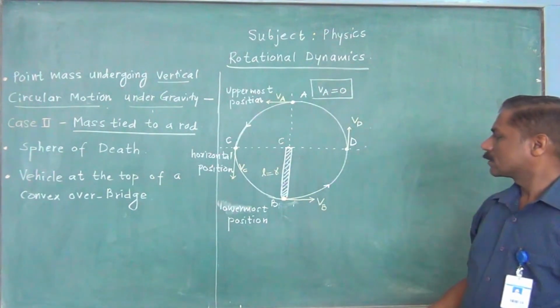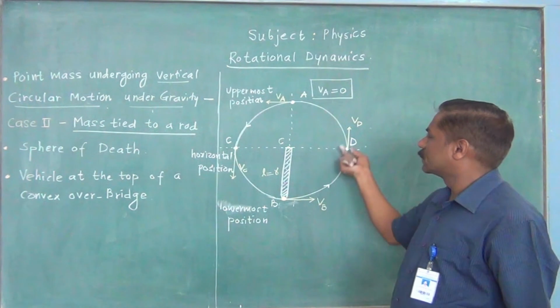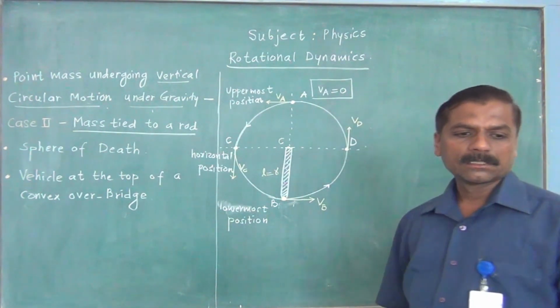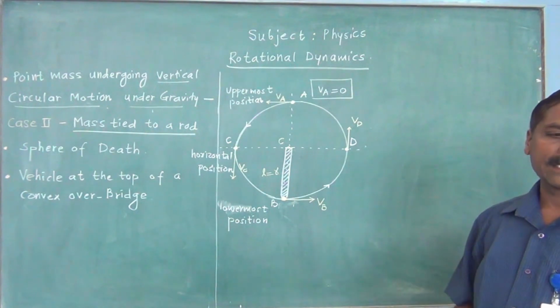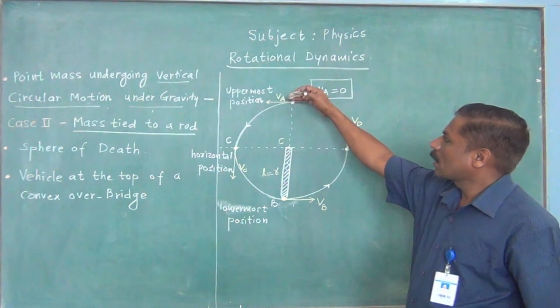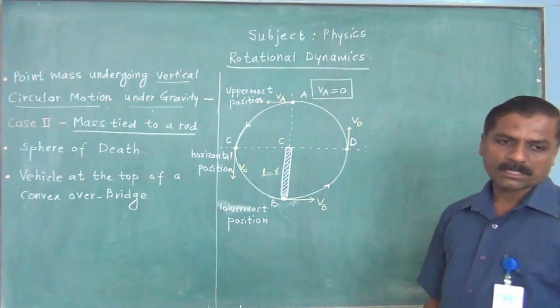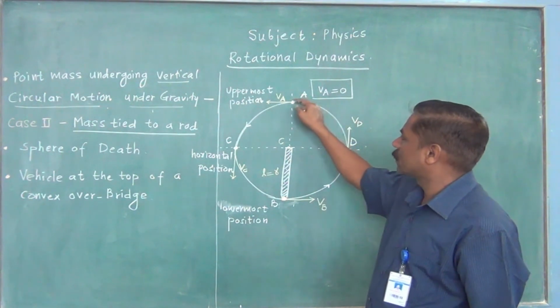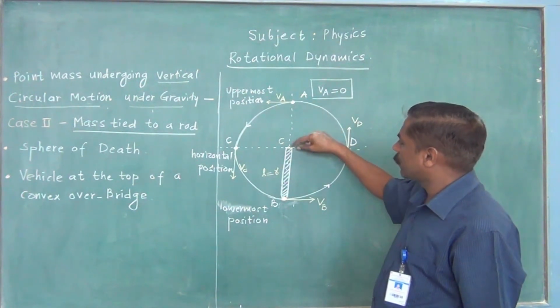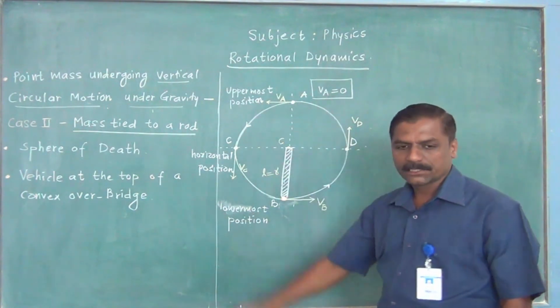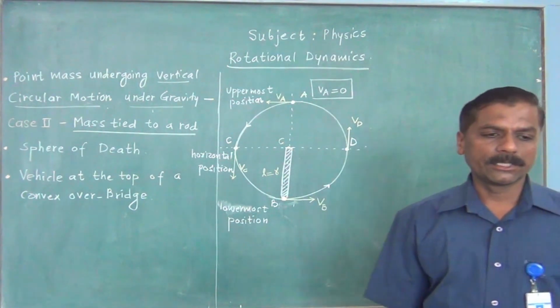Now when this point mass is moving with the rigid rod, we have considered the rigid rod is massless, so 0 speed is possible at the uppermost position. So when this rod is in the upward position, the velocity is taken as 0.